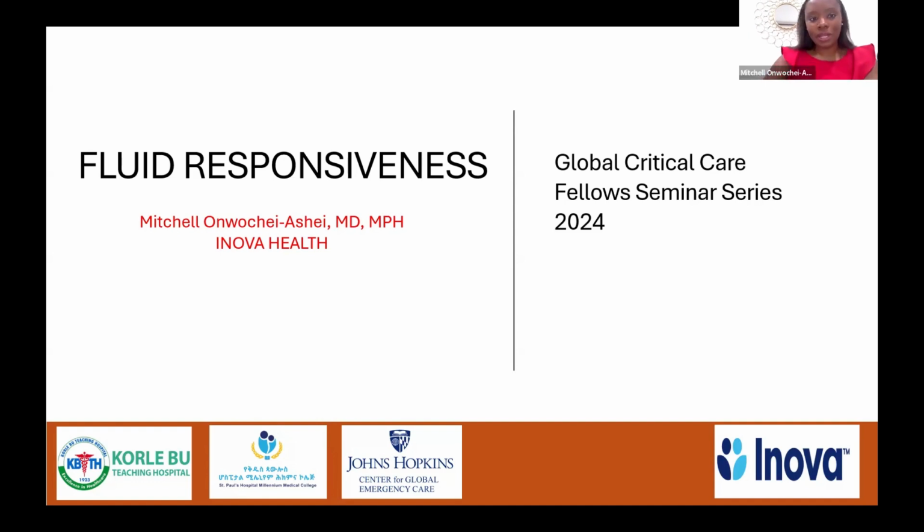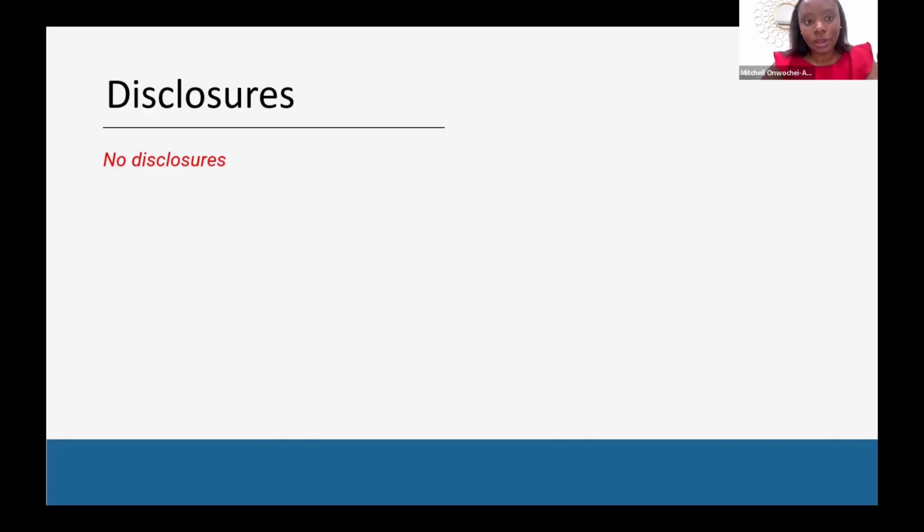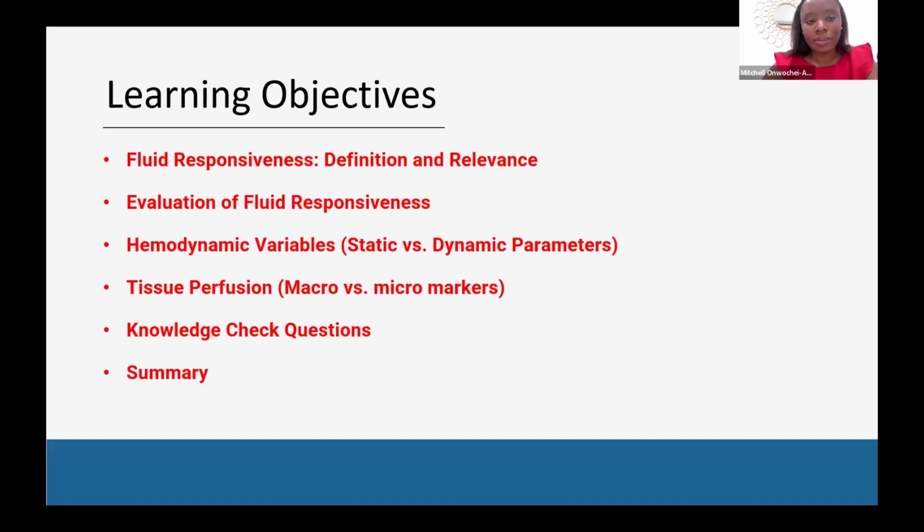All right, so now on to my talk. I'm going to be talking about fluid responsiveness. I have no disclosures that are relevant to this talk. These are my learning objectives. I will be talking about the definition of fluid responsiveness, why it is relevant, how to evaluate for fluid responsiveness, and what hemodynamic variables to measure when evaluating for it.